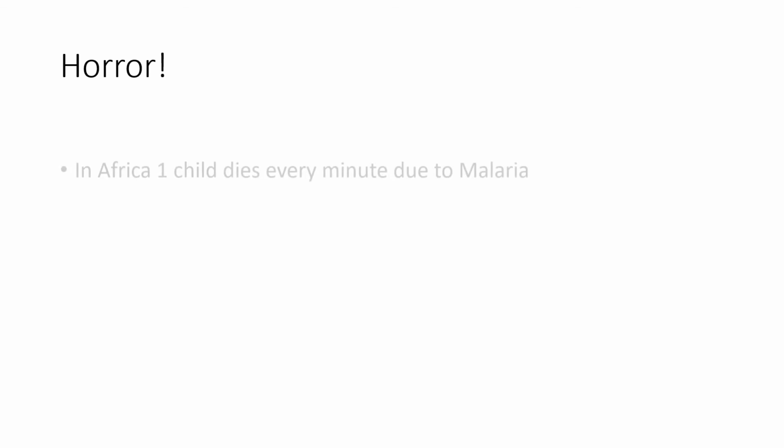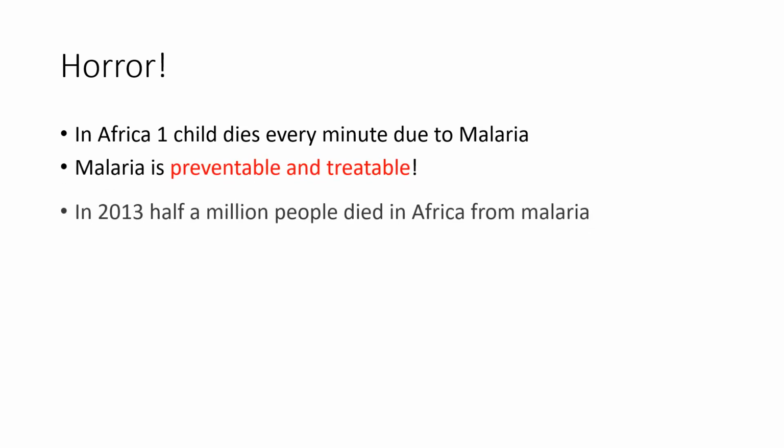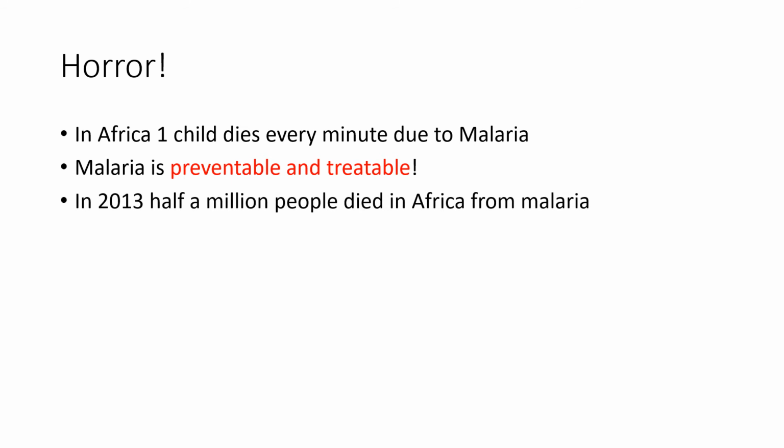Let's move on. And I've just said this really. The horrific facts. In Africa, 1 child dies every minute because of malaria. It's preventable and treatable, yet this continues to happen. In 2013, 500,000 people died in Africa from malaria. And you compare that to the numbers of the coronavirus, and we don't even think about this, do we?